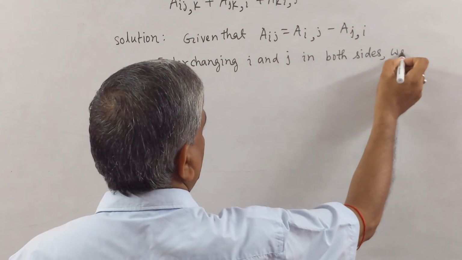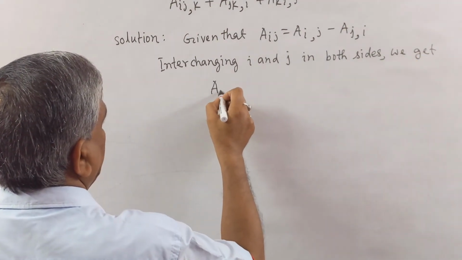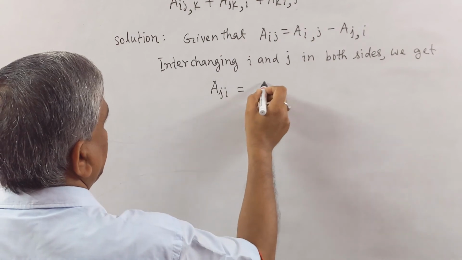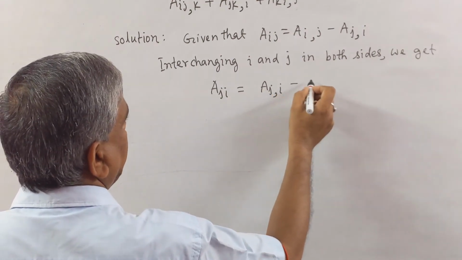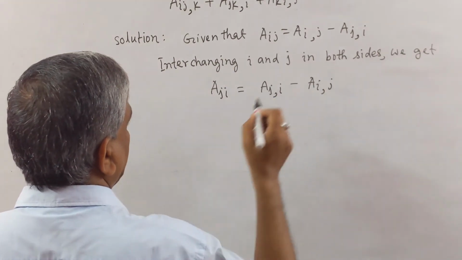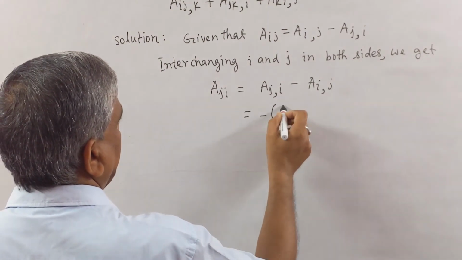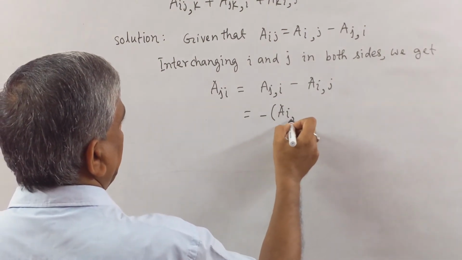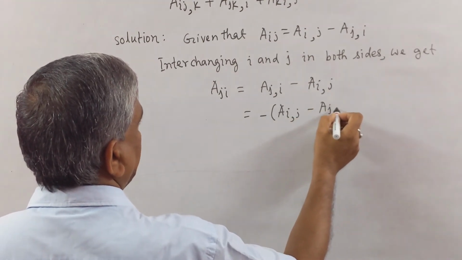We get a_{ji} equal to a_{j,i} minus a_{i,j}. This equal to minus a_{i,j} minus a_{j,i}.